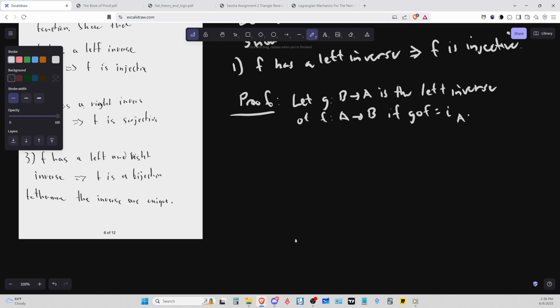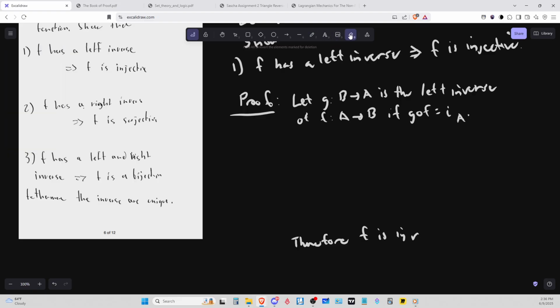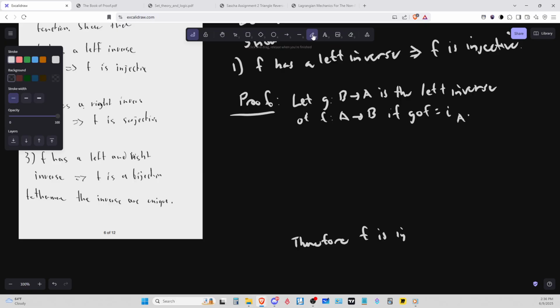Probably I should also write at the bottom, therefore f is injective.